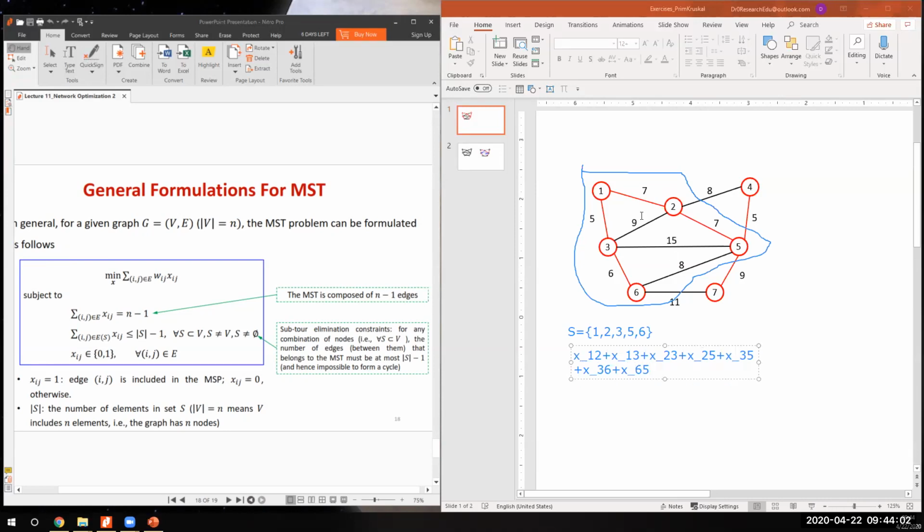Did I miss anything? 1, 2, 3, 4, 5, 6, 7. Yes. Less than or equal to how many? You have 5 nodes, so less than or equal to 4.